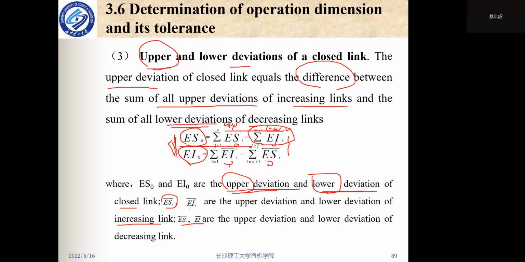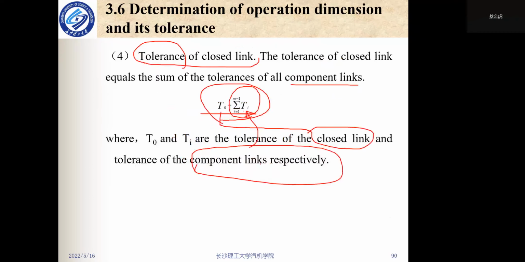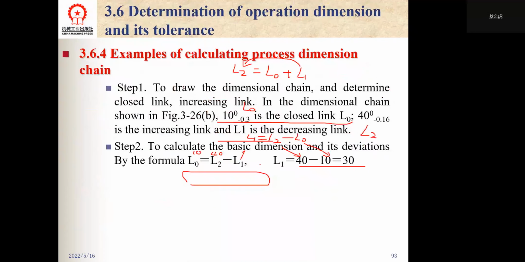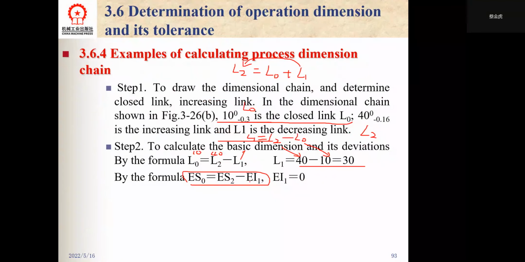So we apply this equation to this example. The upper deviation of the closed link equals the upper deviation of L2 minus the lower deviation of L1.